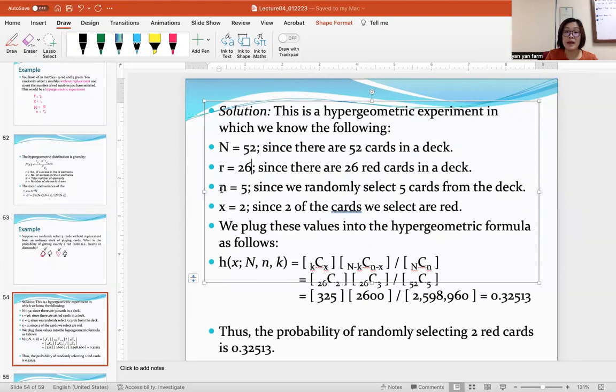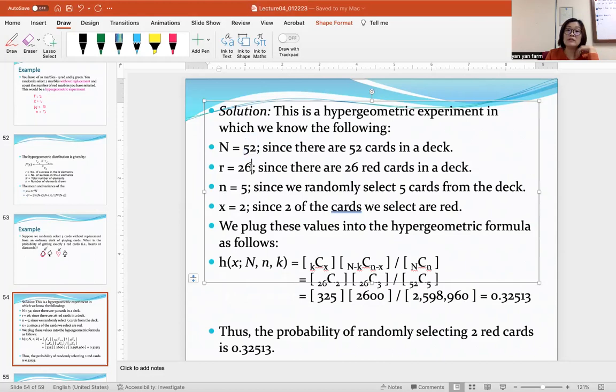Okay, n is 5, you choose 5, right? X equals 2 because you are choosing 2 red cards. Is that clear? So you have a deck of 52 playing cards.